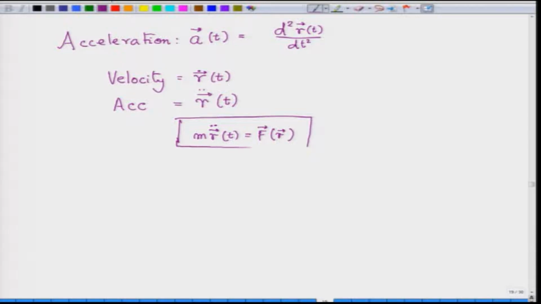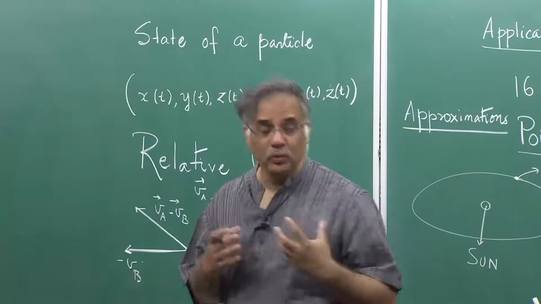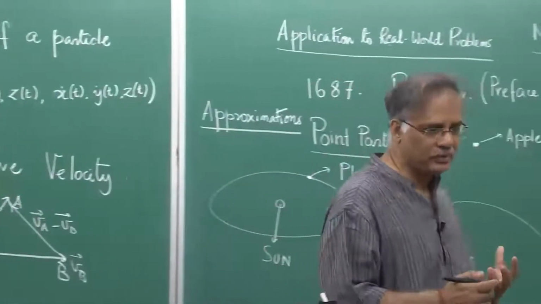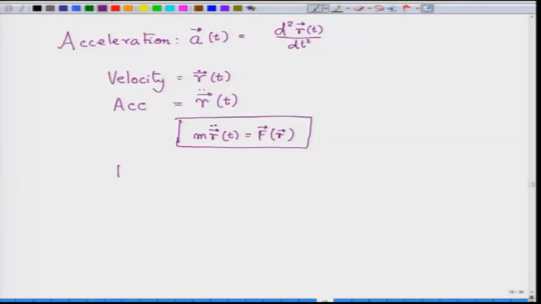Please understand that this is actually 3 equations combined into one. That is the beauty of a vector expression, that it compresses a lot of equations into one, right. So, this is Newton's second law, the key to the universe actually.